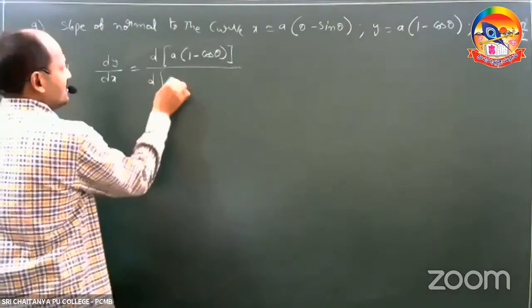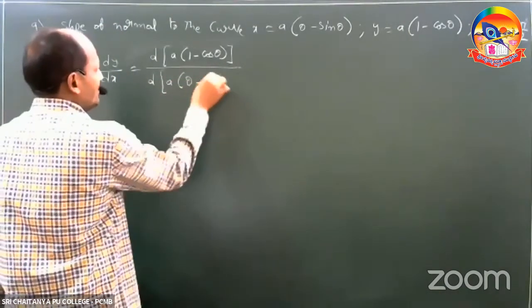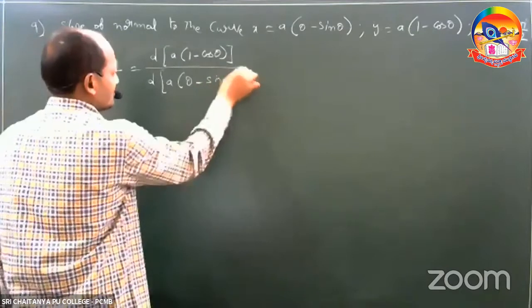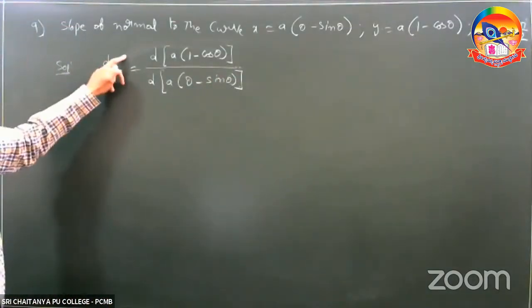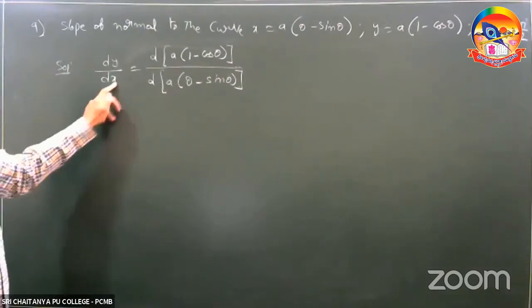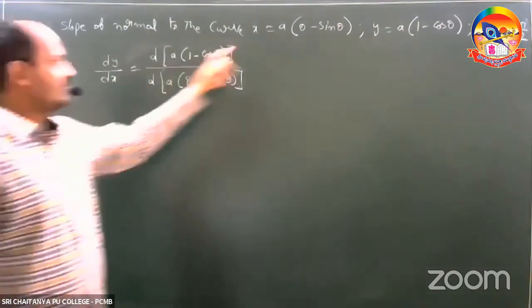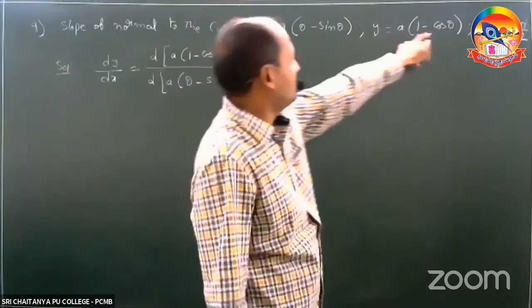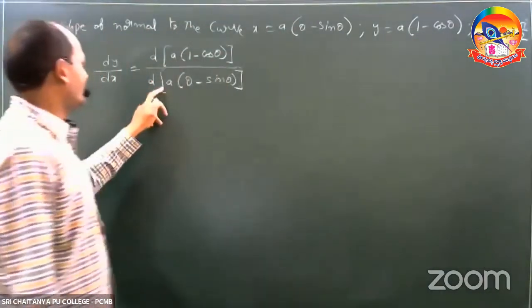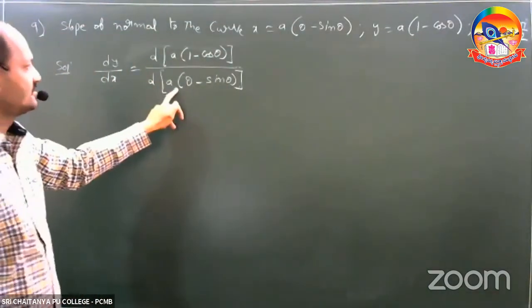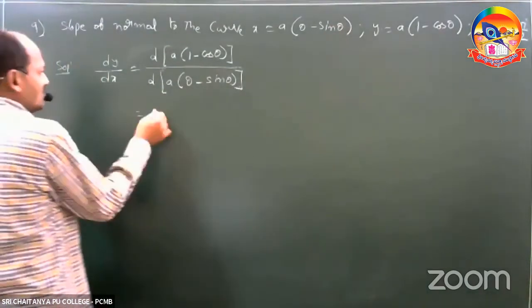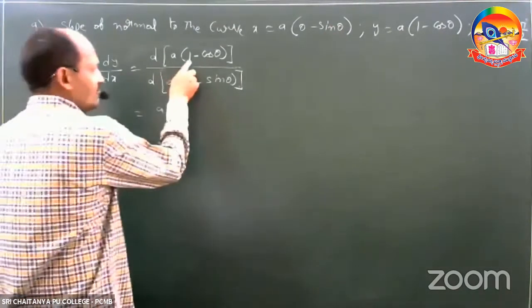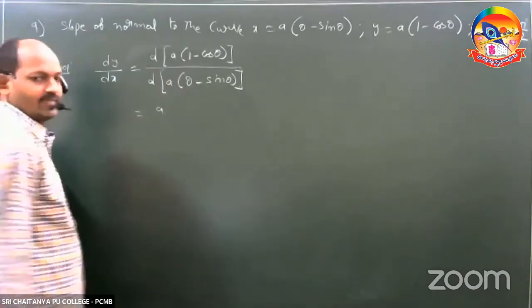It is a into theta minus sin theta. Derivative of y with respect to x. So derivative of y is a into 1 minus cos theta divided by derivative of x, a into theta minus sin theta. So a, derivative of 1 constant is 0.